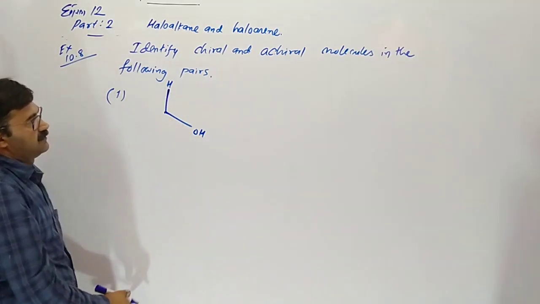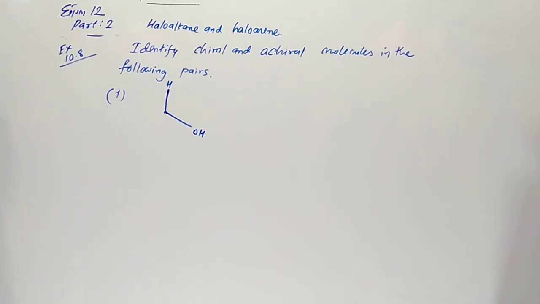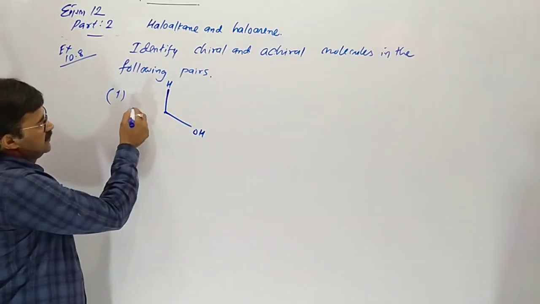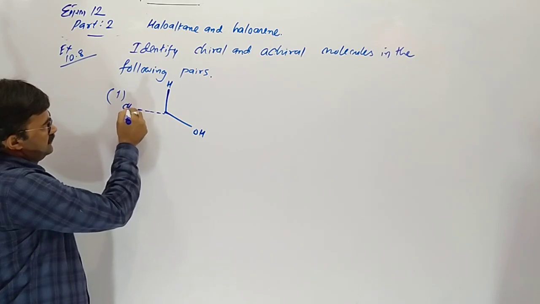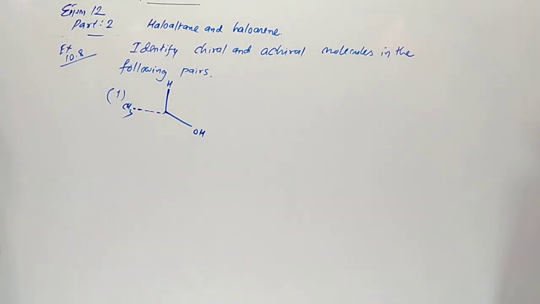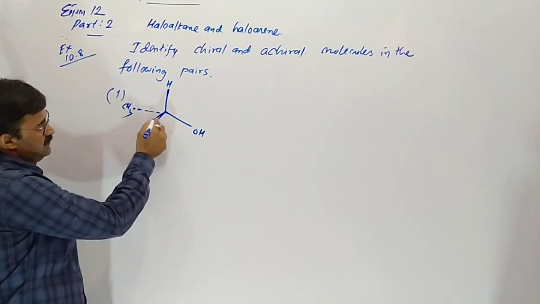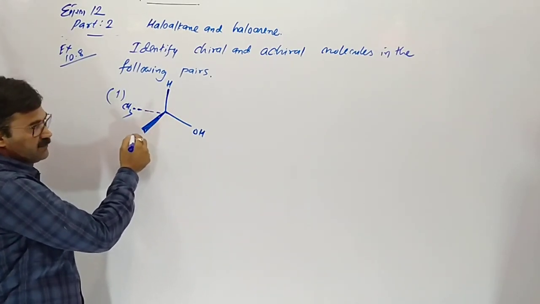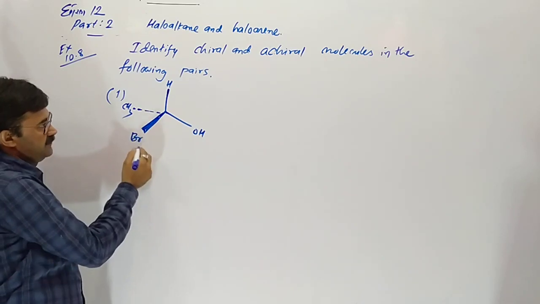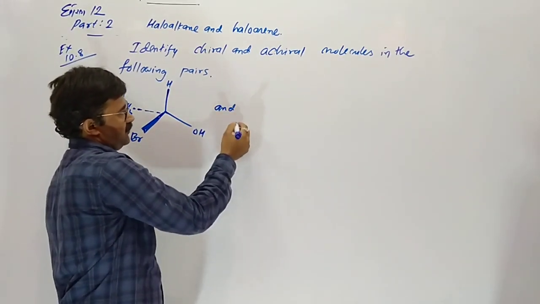A single line for H and OH indicates on the plane. Dotted wedges indicate behind the paper. Dark wedges indicate in front of the paper. Understood?